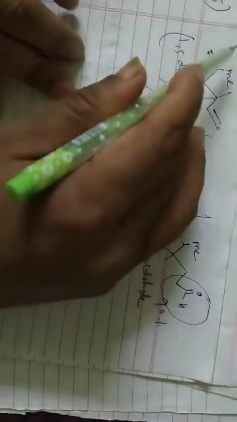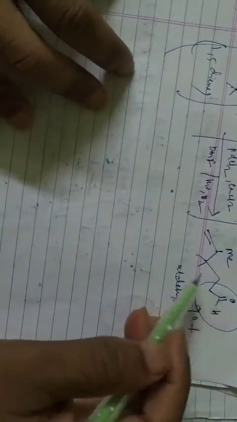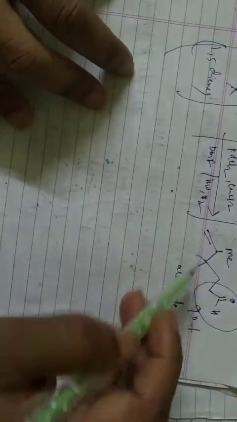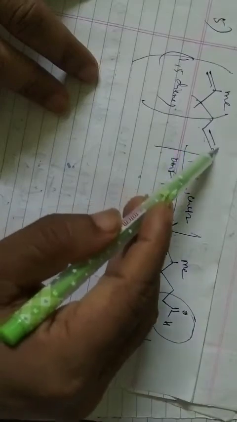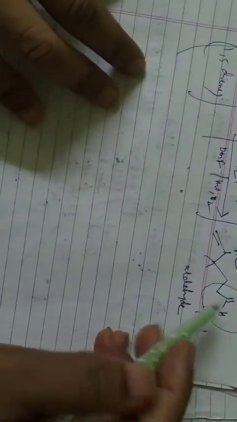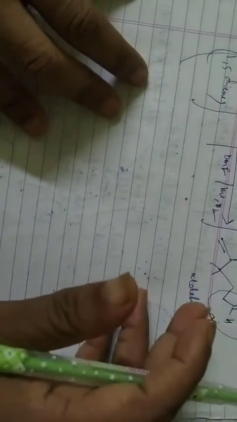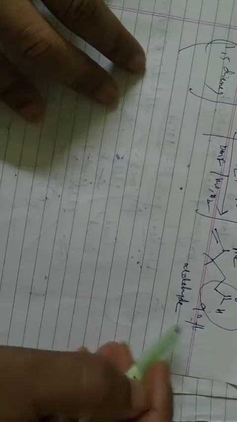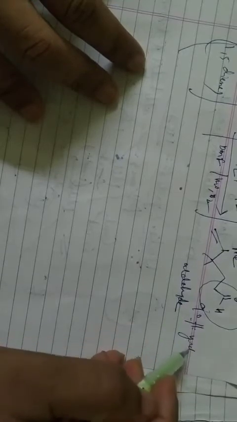And this is maybe because of the very sterically hindered group added here, so this part does not change. But you can see that the terminal alkene is converted to an aldehyde compound here, and 90% yield was obtained in this case.